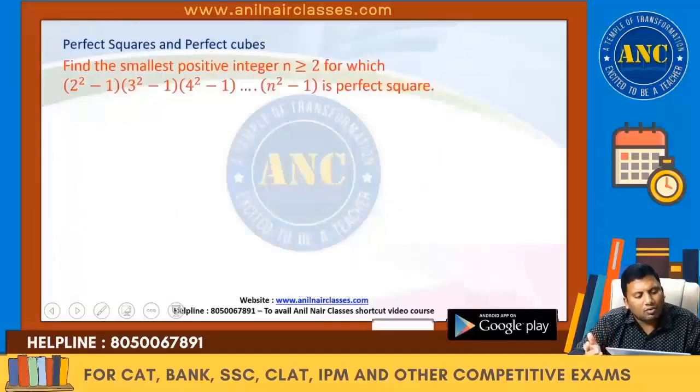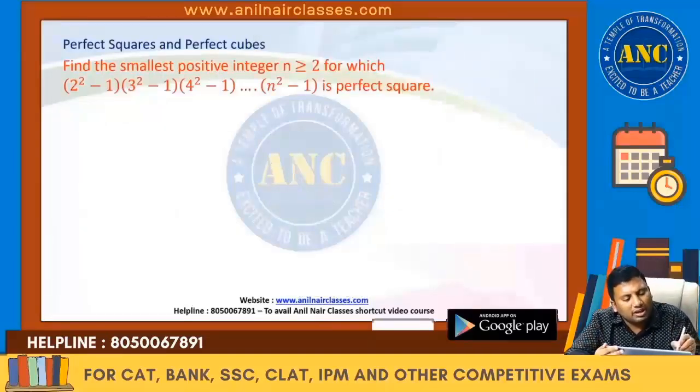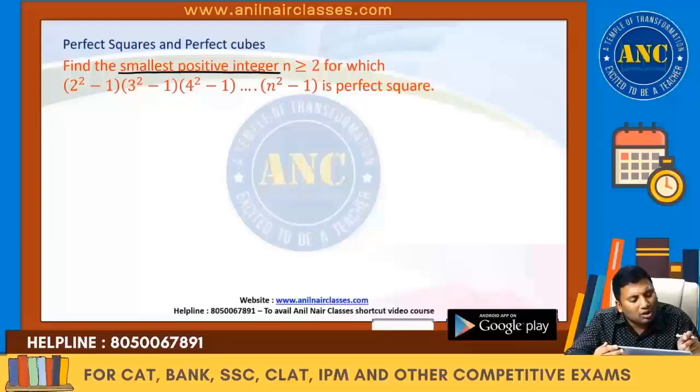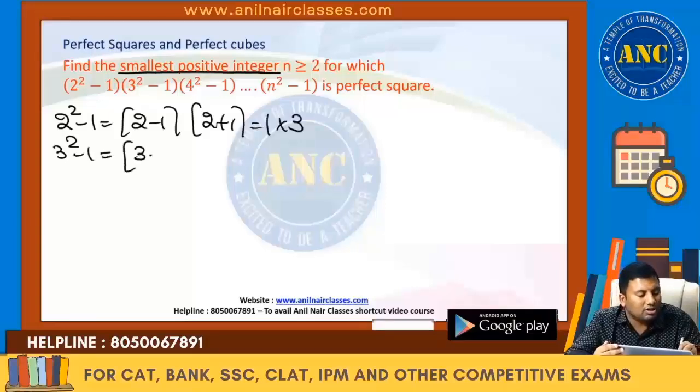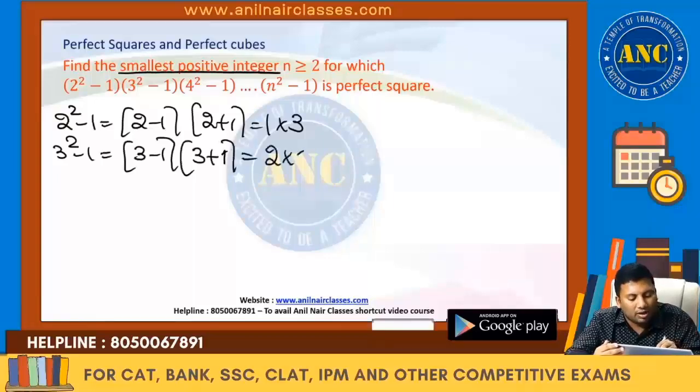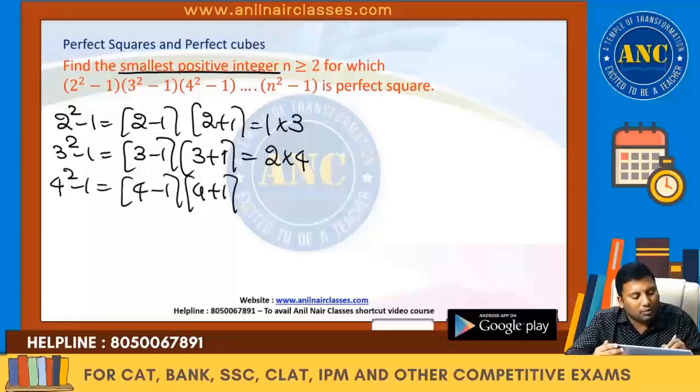Next one, another good question. Find the smallest positive integer, N greater than or equivalent to 2. 2 square minus 1 is nothing but 2 minus 1 into 2 plus 1, which is nothing but 1 into 3. 3 square minus 1 is nothing but 3 minus 1 into 3 plus 1, which is again nothing but 2 into 4. 4 square minus 1 is nothing but 4 minus 1 into 4 plus 1, which is 3 into 5.